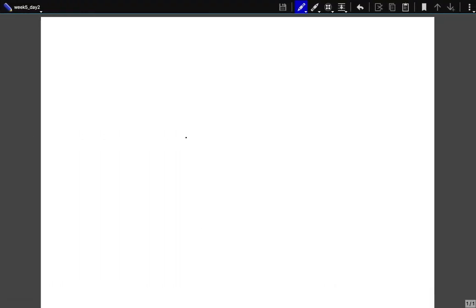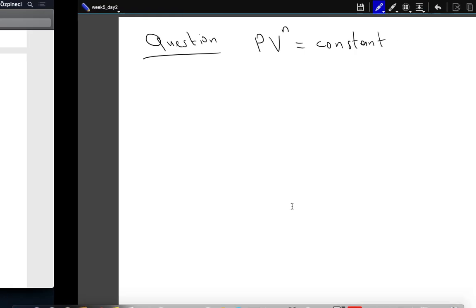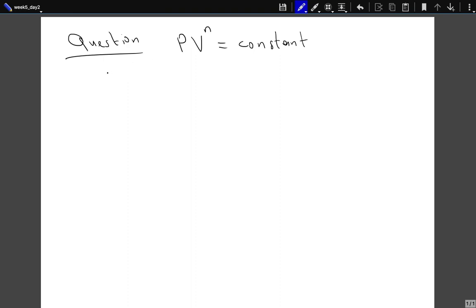So the question is, we have the law, not PV to the gamma equal to constant, but PV to the n is constant. And then the volume is changed from V1 to V2.